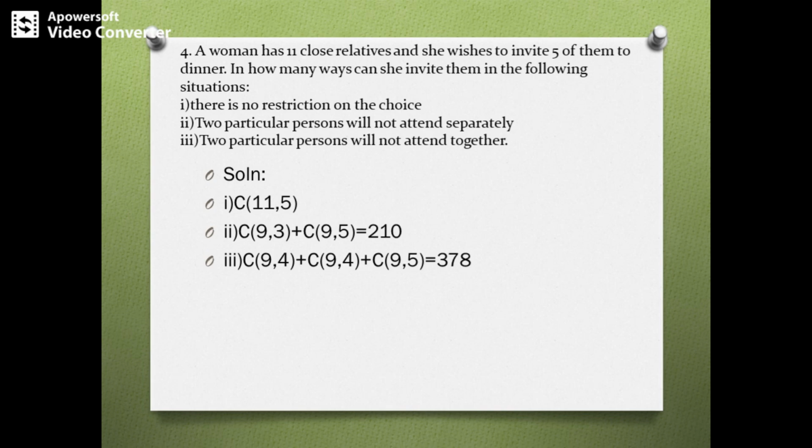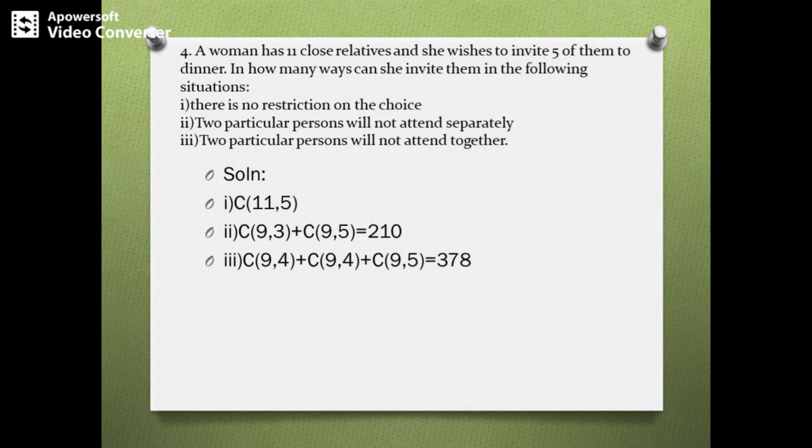However, she has to invite 5 of them, and this can be done out of 11 in C(11,5) ways, which is nothing but the answer to the first question. There is no restriction on the choice. So 5 out of 11 can be selected in C(11,5) ways.